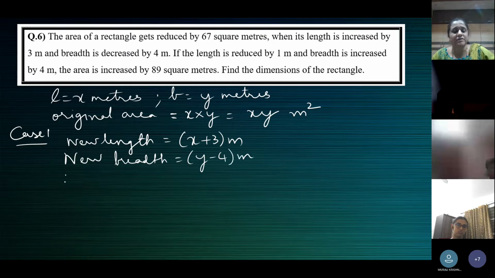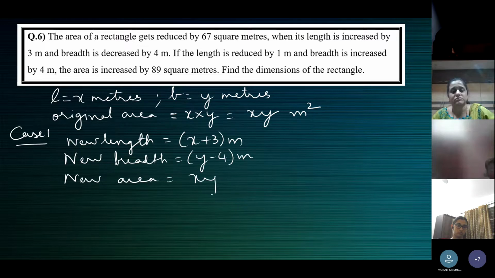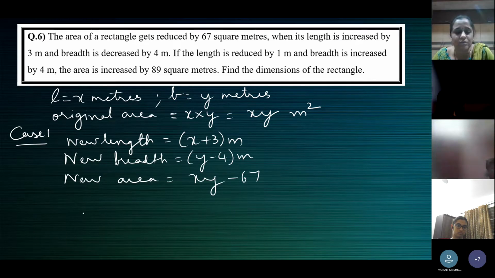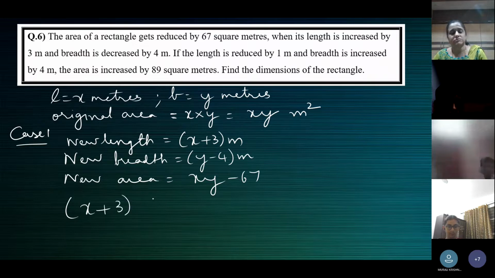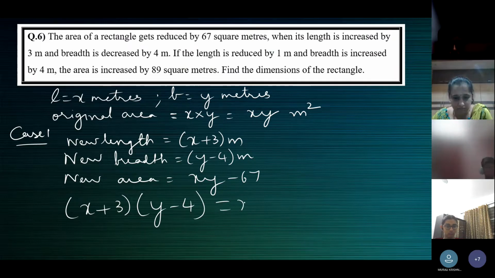So what's the new area? XY minus 67. Now what's the equation? The new length into the new breadth is equal to the new area. Correct? Yes, ma'am. Tell me. X plus 3 into y minus 4 is equal to XY minus 67.